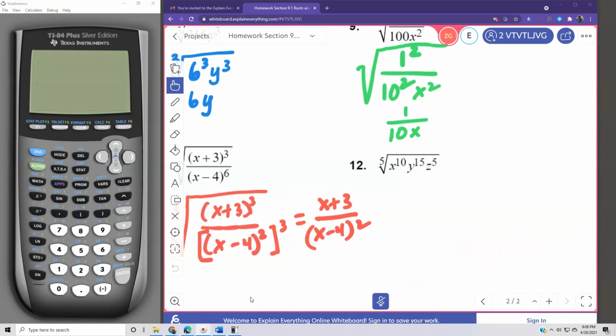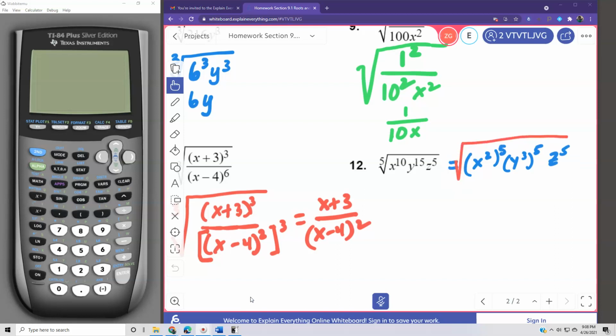So now I want each of them in terms of the 5th power. So let me do some rewriting. So we have x raised to the 2nd raised to the 5th. We have y raised to the 3rd, raised to the 5th, and then z, I don't have to worry about z because z is already raised to the 5th, and I'm going to get the square root.